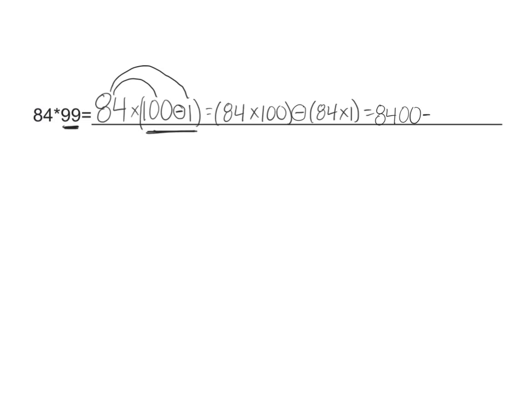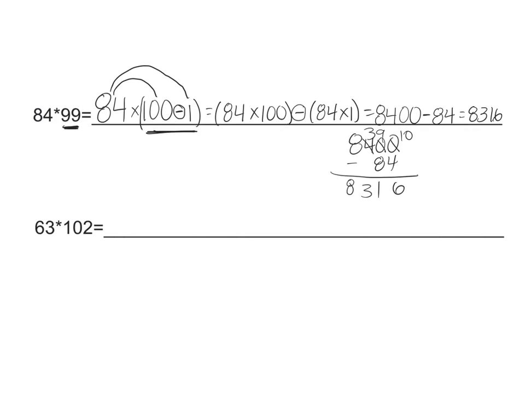And then 84 times 1 is 84. Now I'm going to subtract to get my answer. Here's my answer, 8,316.